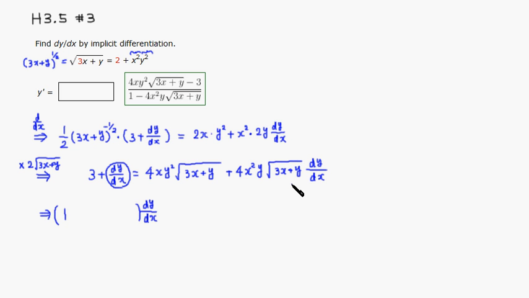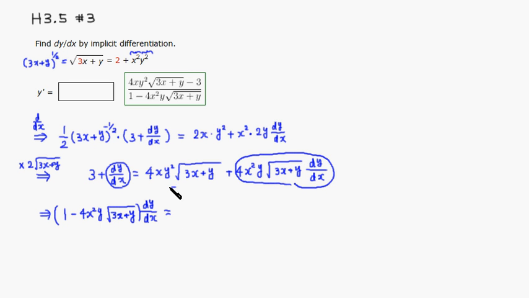Then you have 4x squared y square root of 3x plus y times dy over dx. So if you put that on the other side, it becomes negative 4x squared y square root of 3x plus y, right?